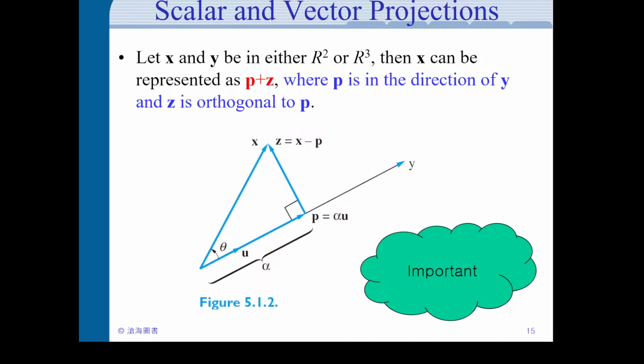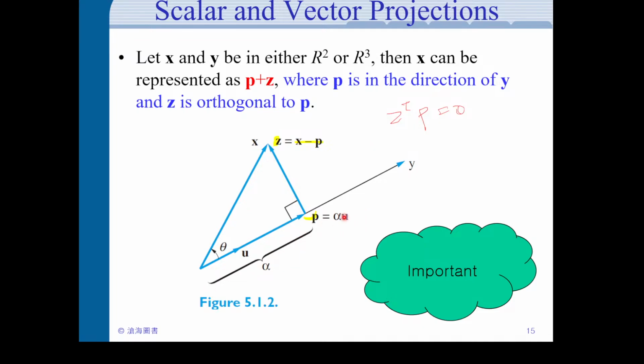So we have this z equal to x minus p, and the important thing about projection is that z and p should be orthogonal. So the inner product of z with p should equal 0. This is the projection, and p is called the vector projection. We also have the scalar projection, which is just the length of p.